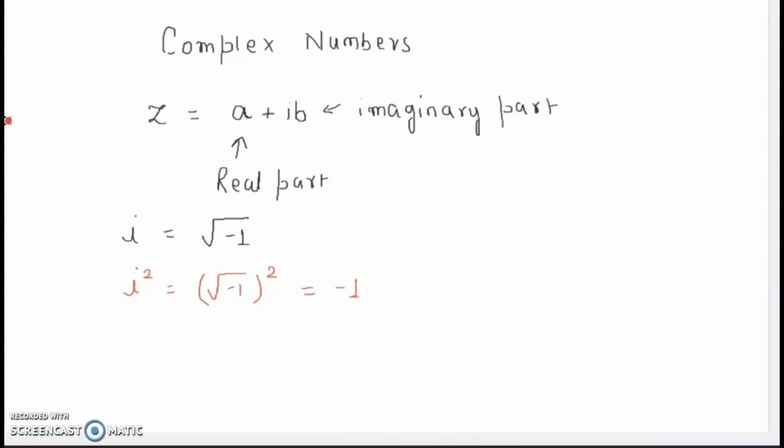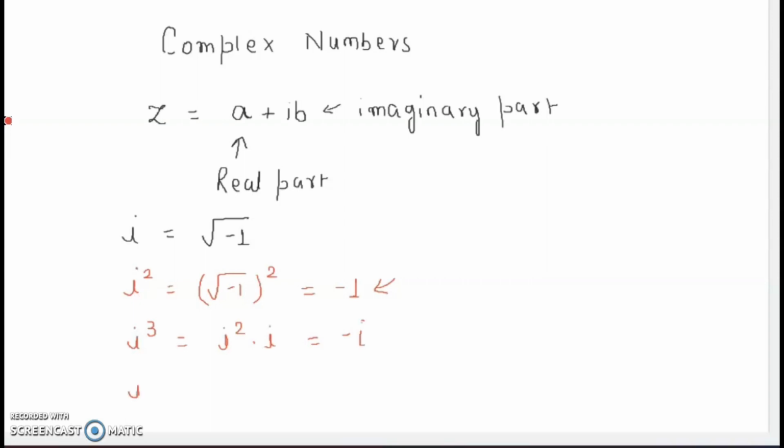It's clear. Same way, we can also find the value of i cube, because i cube we can write as i square multiplied by i. And since you already know the value of i square, which is -1, we can write this as -1 into i, which is minus i. So now we have the value of i cube also, which is -i.